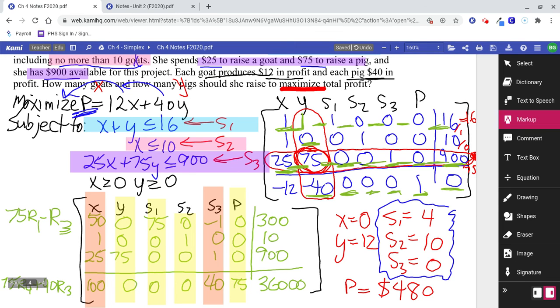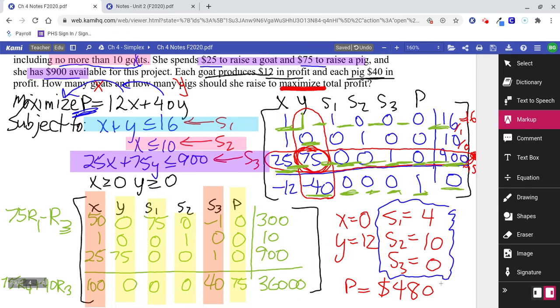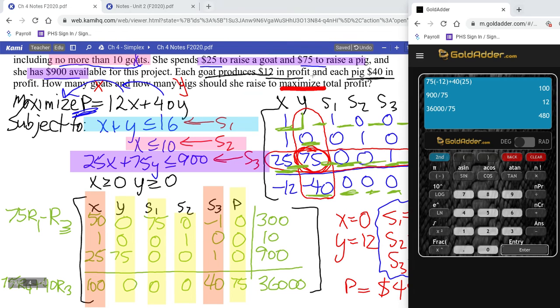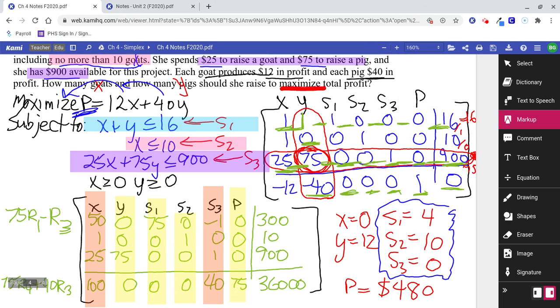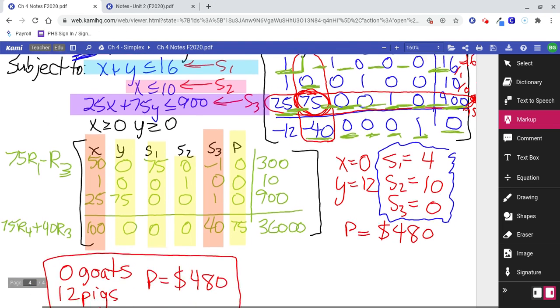Okay, and I can prove it. $25 to raise a goat and $75 to raise a pig. Think about it. 25 times 0 goats plus $75 for the 12 pigs that she raised is exactly $900. There's nothing left over. There's no slack, and that's why that S3 equals 0.